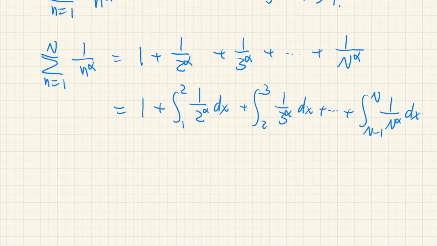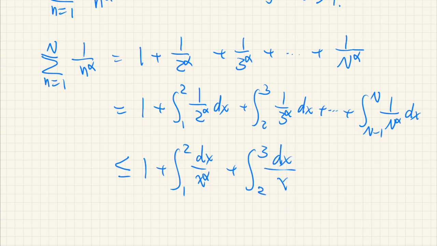Now, this is less than or equal to this: from 1 to 2, integrate 1 over x to the power of alpha. Let's write dx in the numerator here to save space. And this is the integral from 2 to 3 of dx over x to the power of alpha, and so on, up to N minus 1 to N of dx over x to the power of alpha.